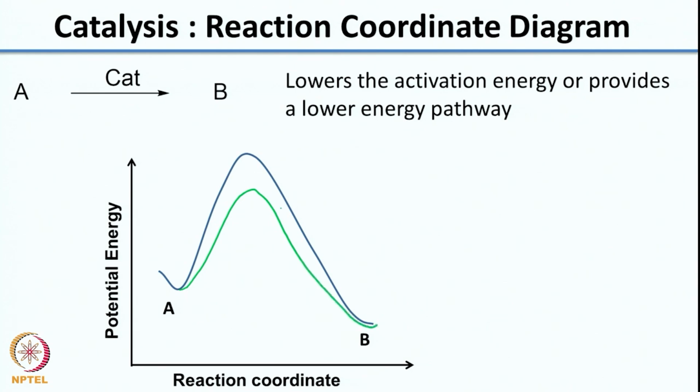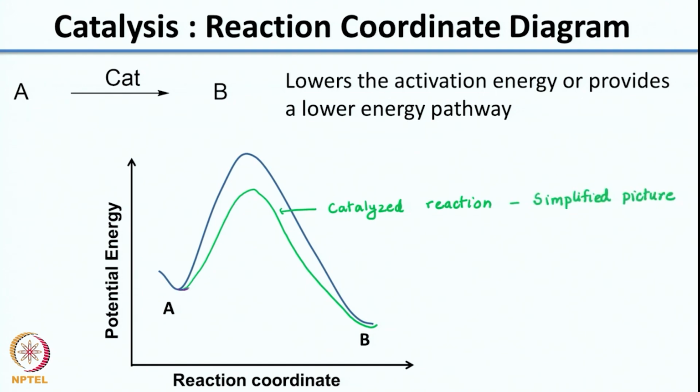So, they would say that this is the catalyzed reaction. And some of you might have also drawn this in your reaction coordinate diagram. So, this is a very simplified picture.